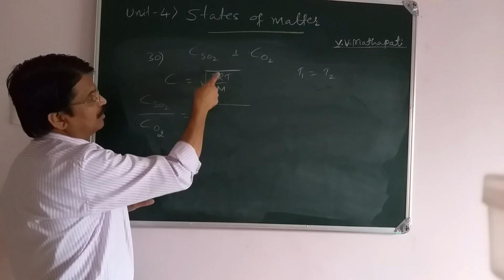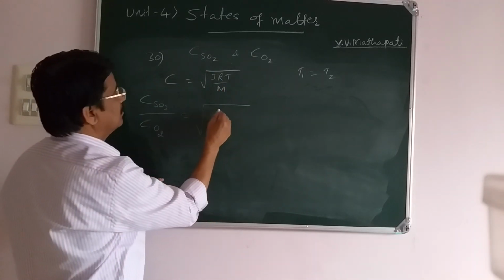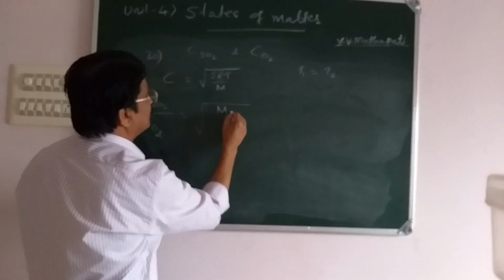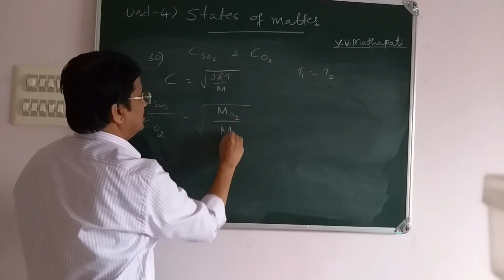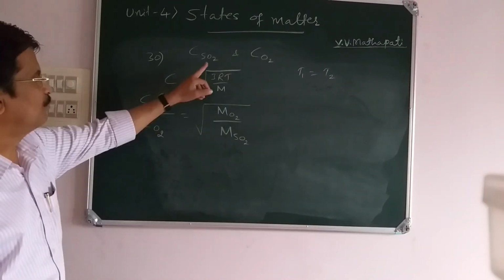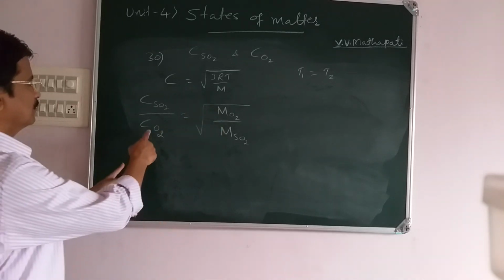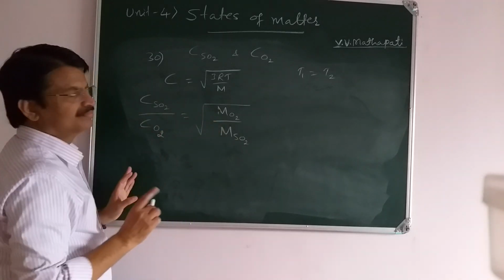There is 1 by it, so here M of O2 by M of SO2. Because of the 1 by this, they are inversely related. Therefore, you write like this: O2, SO2.